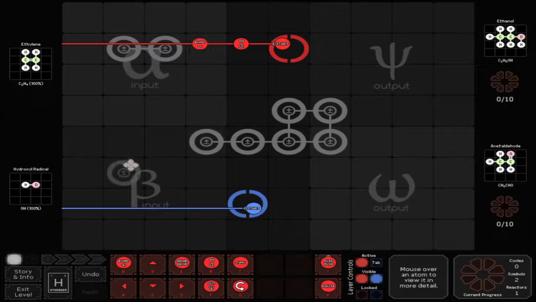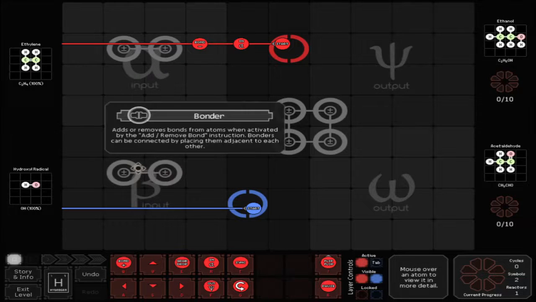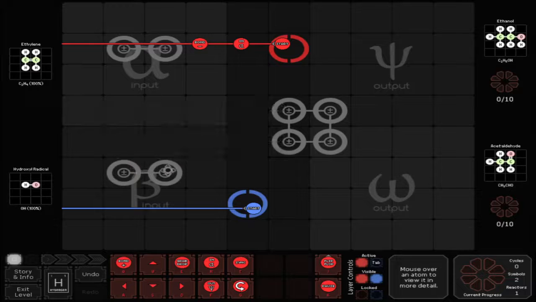Could I put 2 bonders down here to break apart the hydroxyl radical straight away for the acetaldehyde's turn, and then only have 4 bonders to... oh.